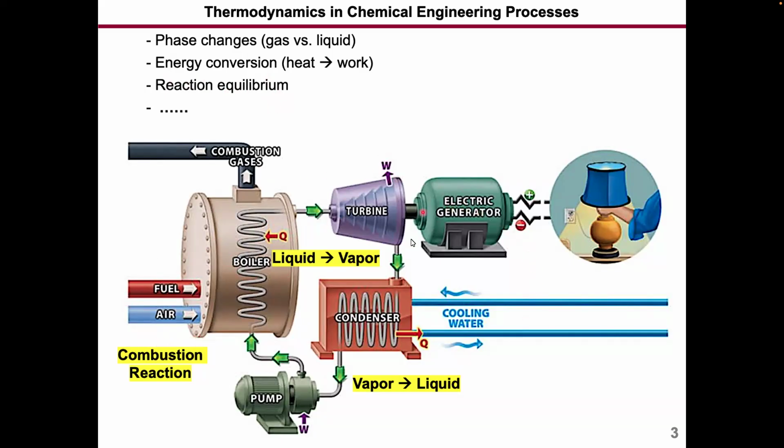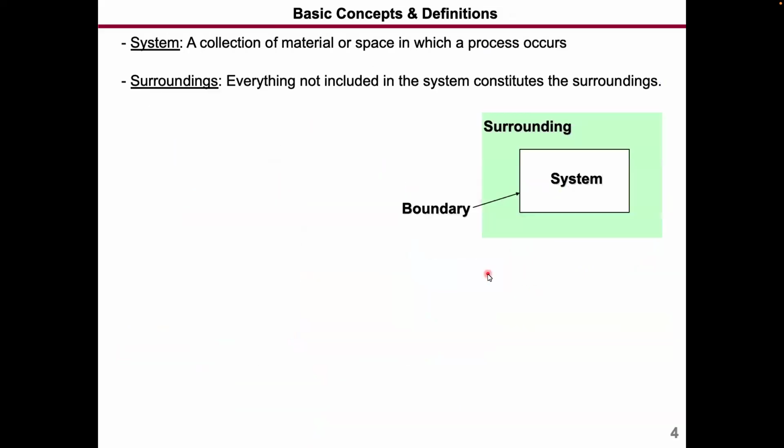And in the end, we are always going to talk about energy conversion, either heat converting to work or work converting to electricity, right? All these different types of energy conversion are governed by the first law of thermodynamics, meaning the energy is conserved, okay?